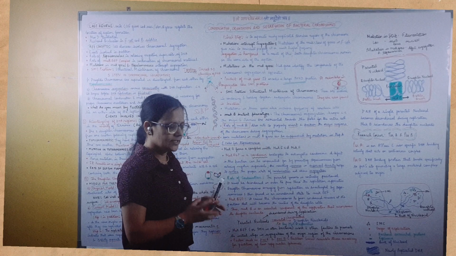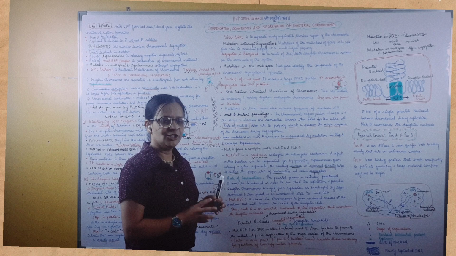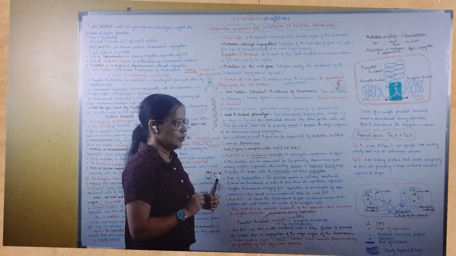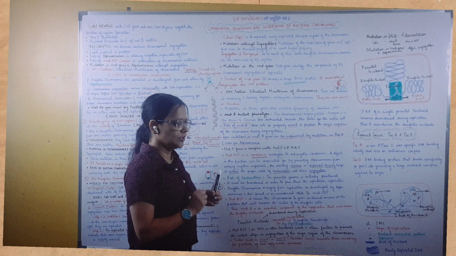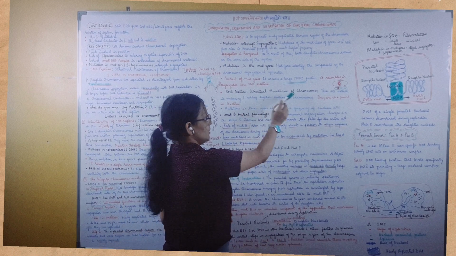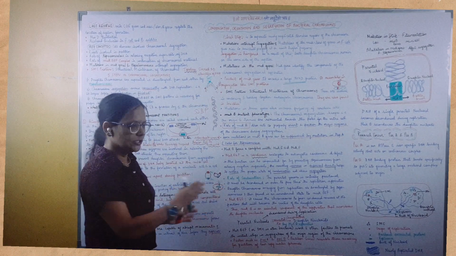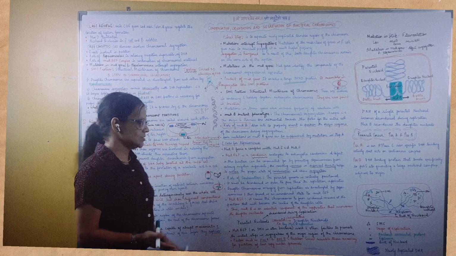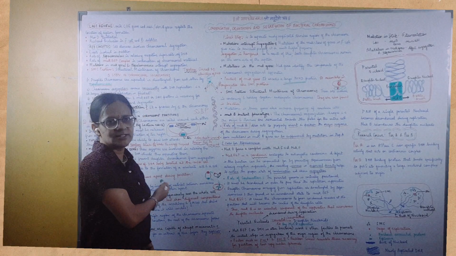So as I said, you have a proper orientation of the DNA, right? The shape of the DNA, you can say. So you can see that the shape of the DNA is maintained by the structural maintenance of chromosome proteins, that is SMC proteins, and the topology of the DNA is maintained by topoisomerase enzymes.